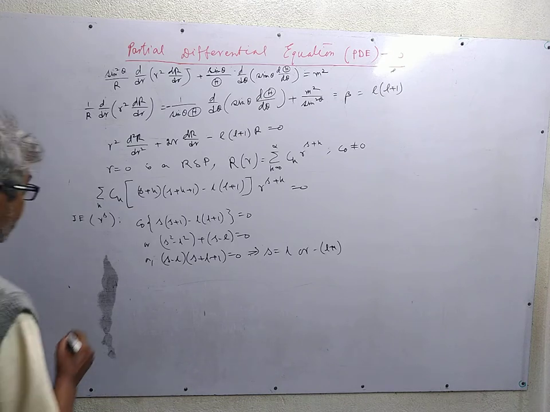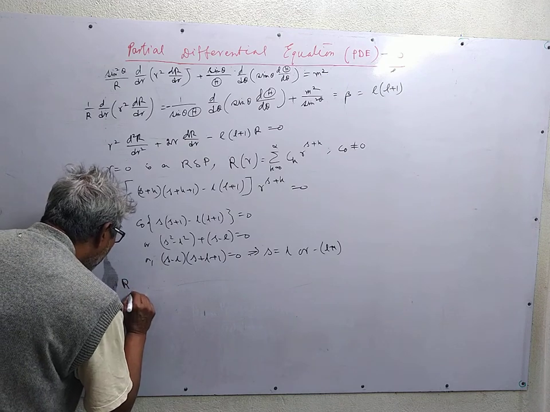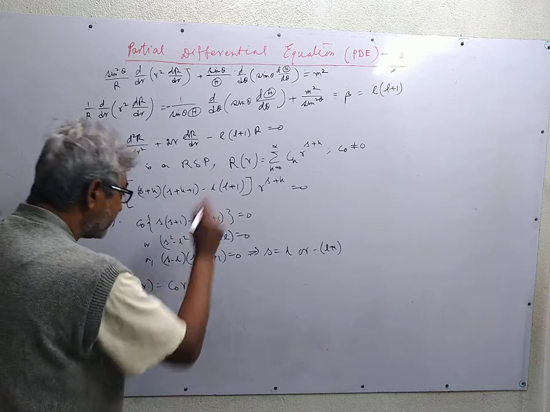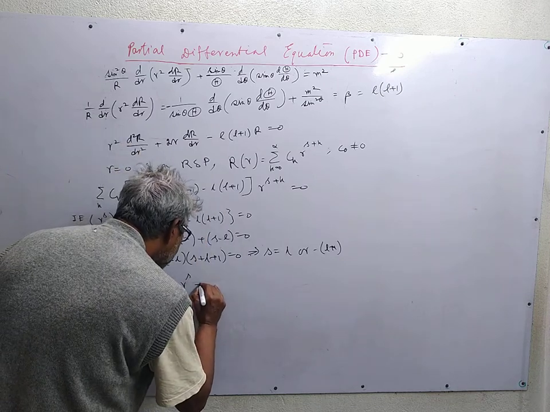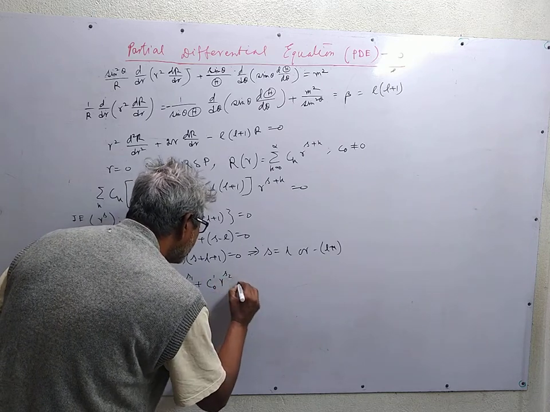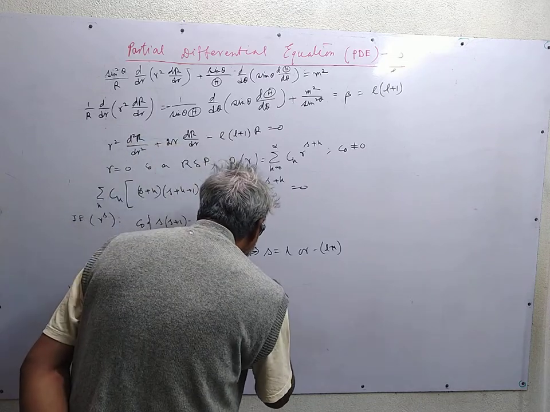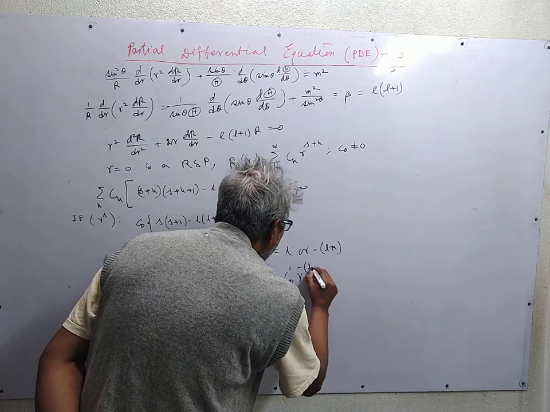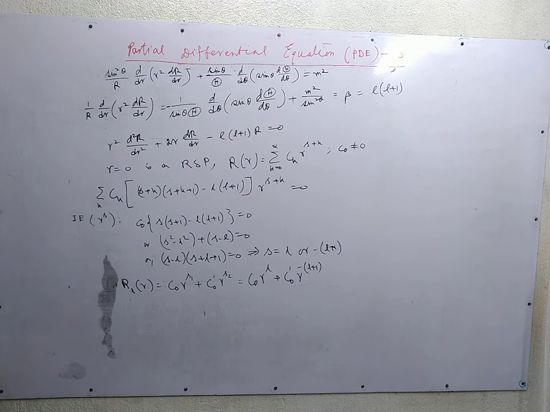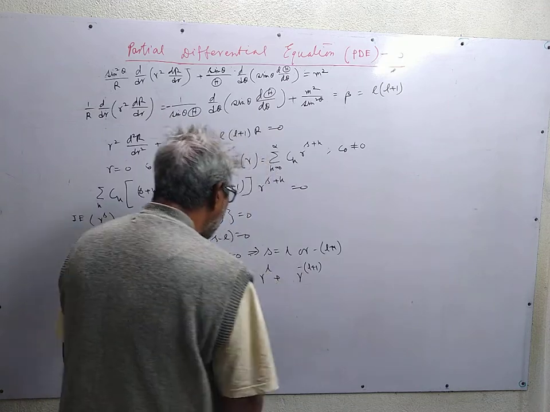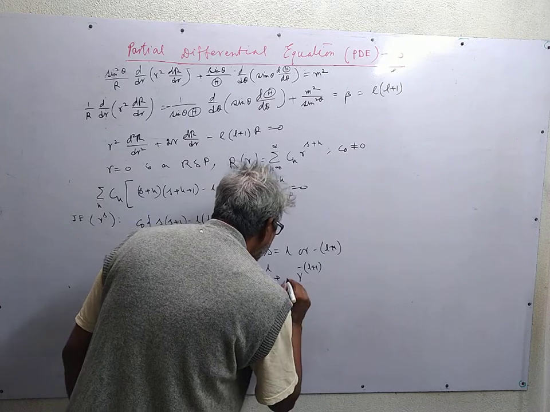That is, for a given L, the solution of the R equation is c0 r to the power s plus the other root, c0 prime r to the power of the second solution s2, that is, c0 r to the power L plus c0 prime r to the power minus L plus 1. And since this solution depends on L, we call the constants AL and BL.